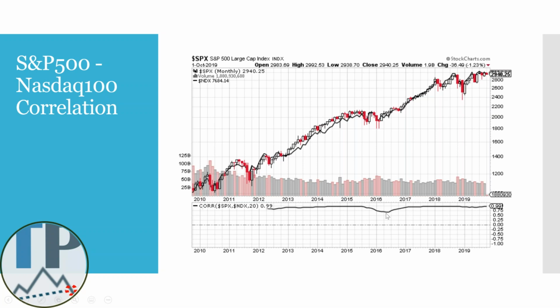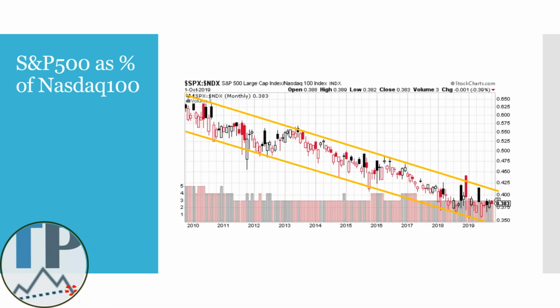In fact, in 2016, you can see that the lowest the correlation ever fell was roughly 0.5, and it really stays above 0.7 for most of its history. Now, when you express the S&P 500 as a percentage of the NASDAQ 100, you can see that over the last 10 years, at least, we've had a downtrend, a down channel.